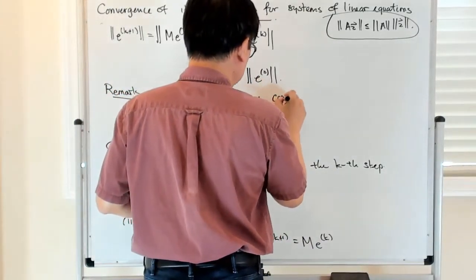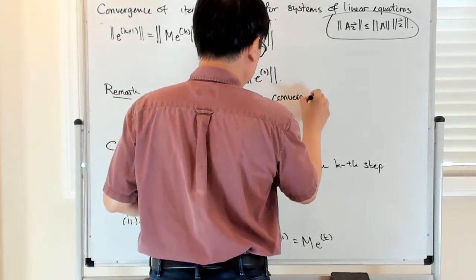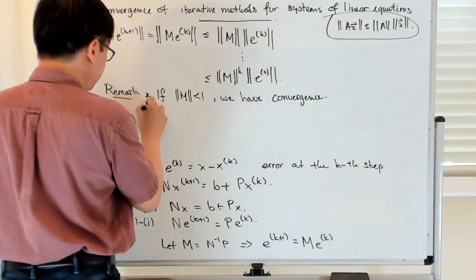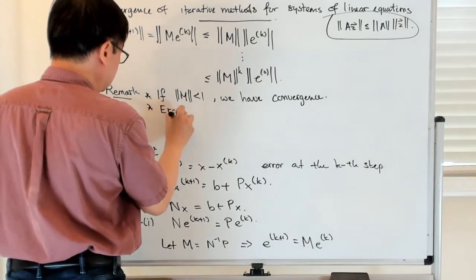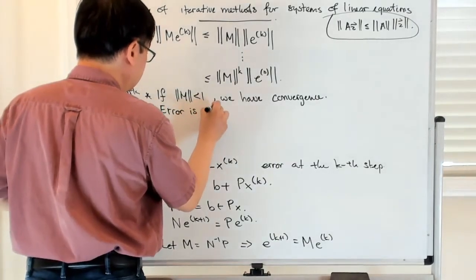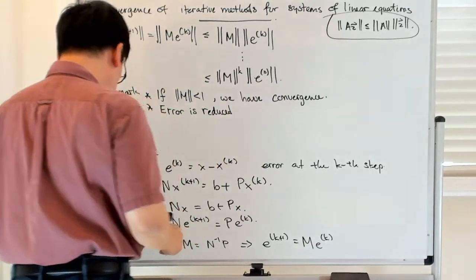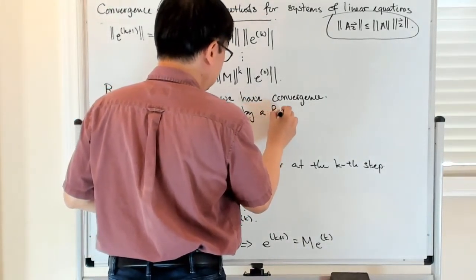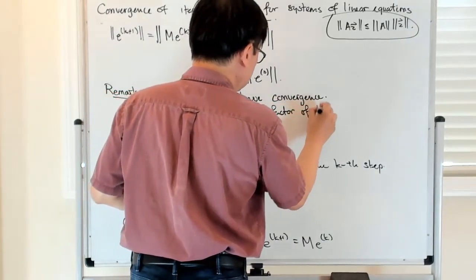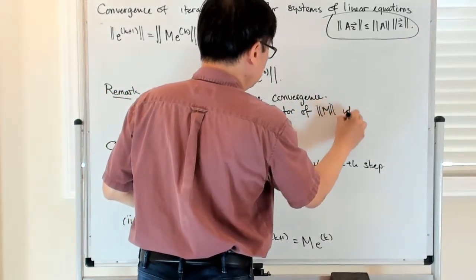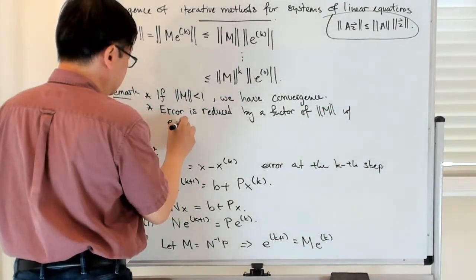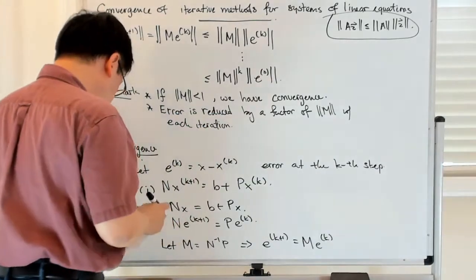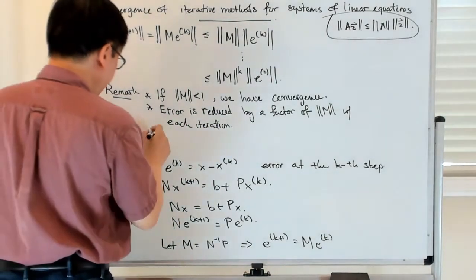And the error is reduced by a factor of the norm of M with each iteration. And we have a linear rate of convergence.